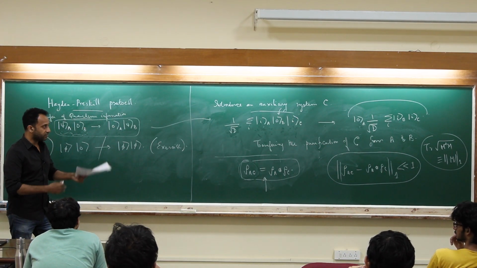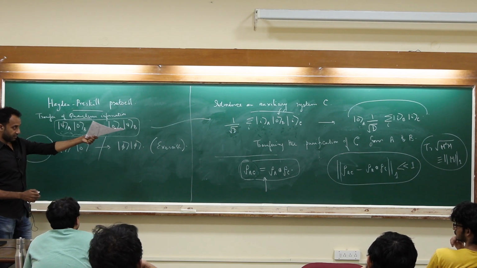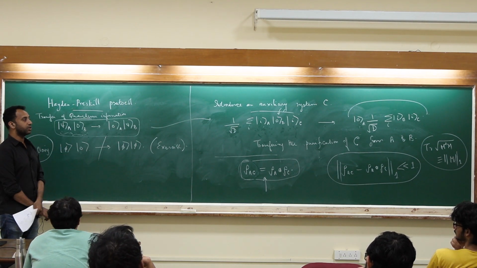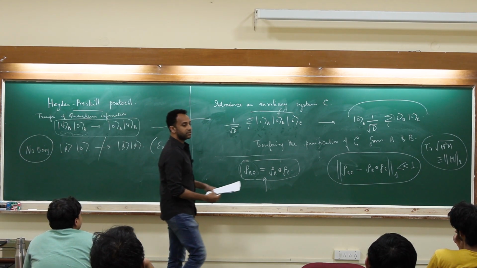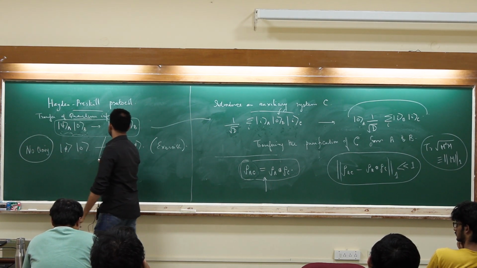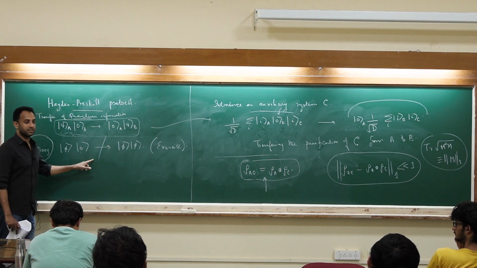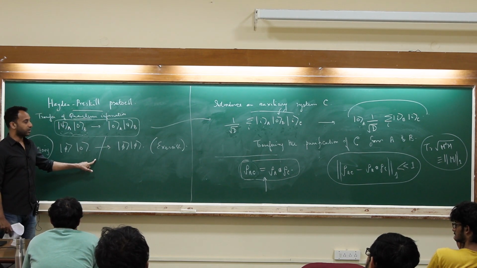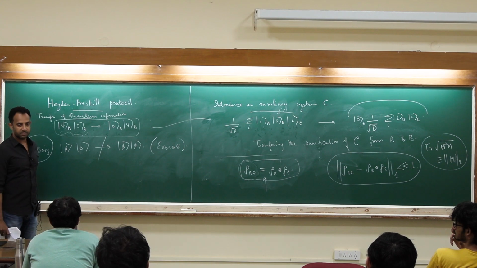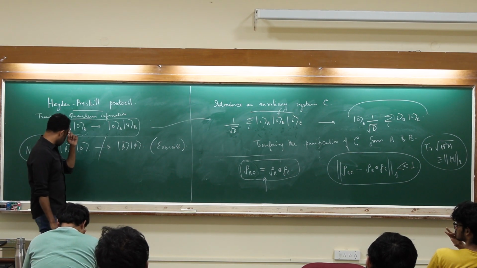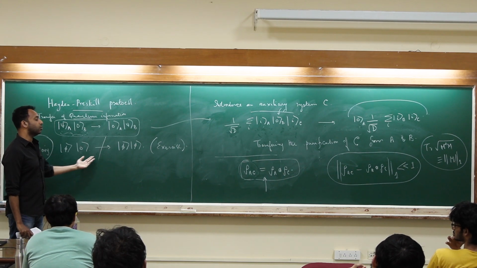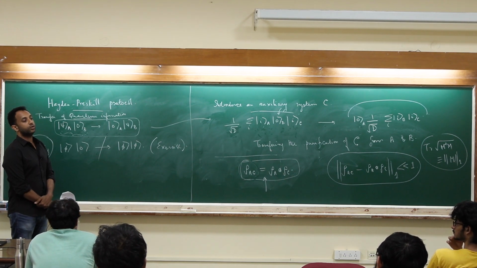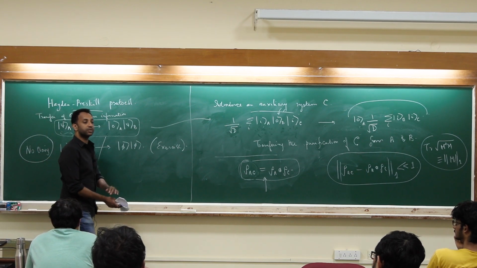At least at this moment, it doesn't matter so much that you think of it as a unitary acting on the full ABC, some unitary that does a transformation. The claim I was making here was that this kind of unitary doesn't exist. That's what this means. But this other kind of unitary you can check will exist. When you say there is a no-cloning theorem, what it means is that there is no such unitary.